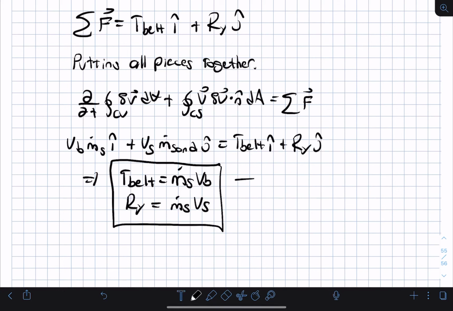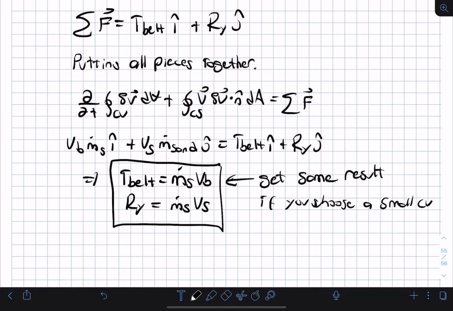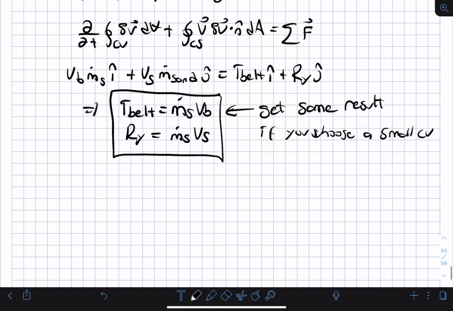And I will note that you get the same result if you choose a small control volume that looks something like this. So we have our little conveyor here.